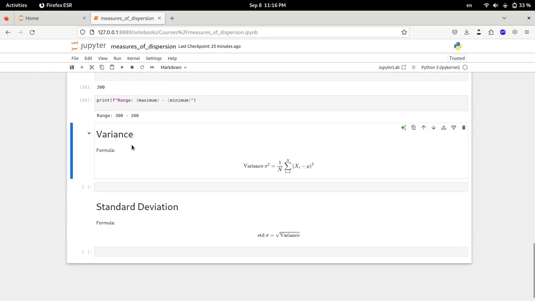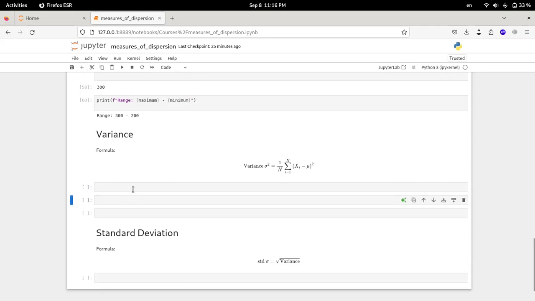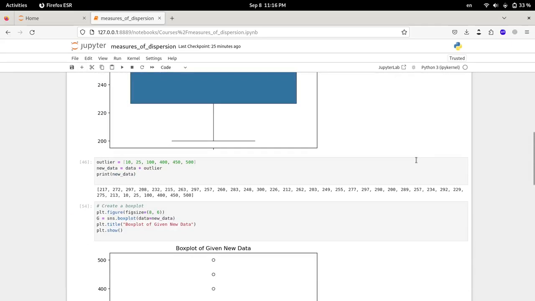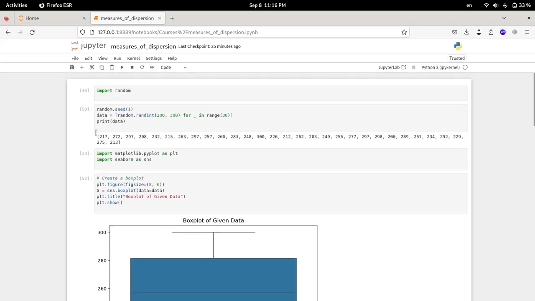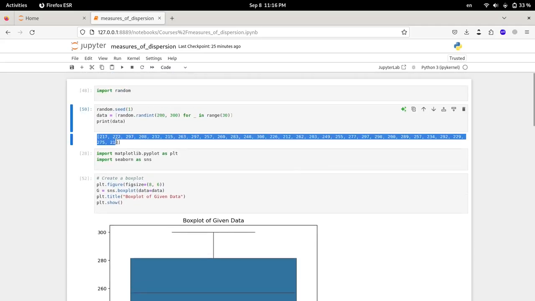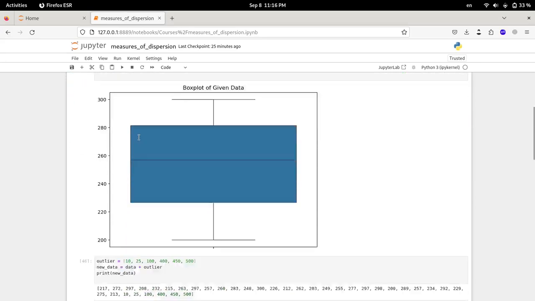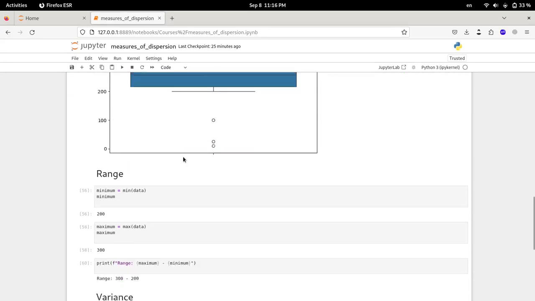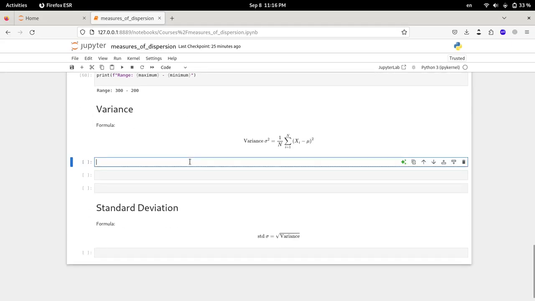Now we will talk about the variance. In every data we talk about here, there should be a mean, that is the center of data. And the variance means how far the other data points are from the mean.